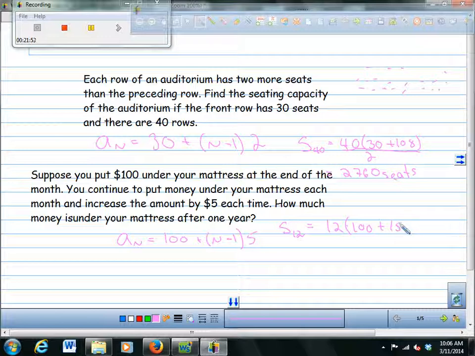So on the 12th month you're putting $155 in your mattress, and you're dividing that by 2. So you get 6 times 255, which is $1,530.